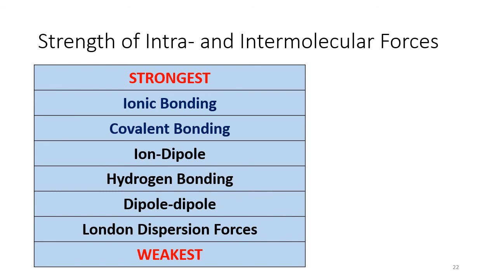If we compare the strength of the intra and intermolecular forces, ionic and covalent bonding are intramolecular forces that are actually the bonds within molecules, and those are stronger than all 4 intermolecular forces. Ionic bonding contains full charges, positive and negative on the cation and anion, and that has the strongest interaction. Covalent bonds are sharing of electrons, and those are going to be the next. Then followed by the same ranking that we just saw: ion-dipole, hydrogen bonding, dipole-dipole, and London dispersion forces still being the weakest.